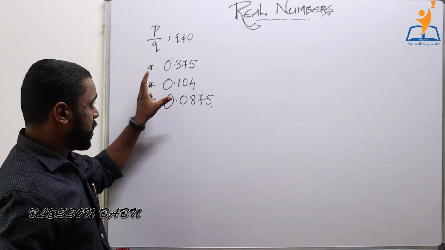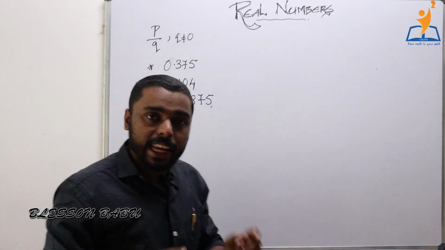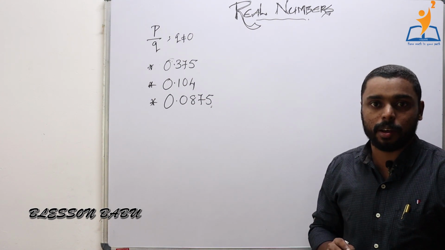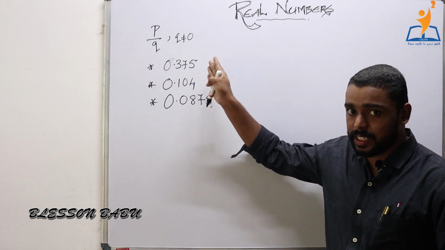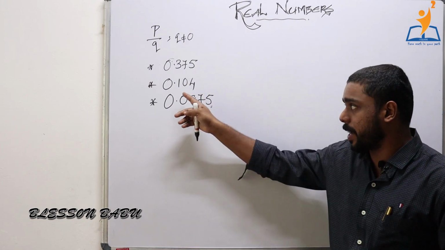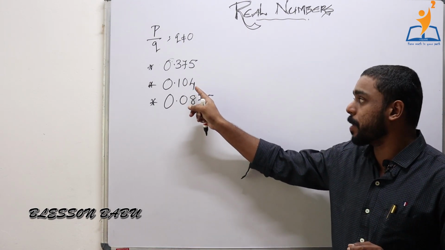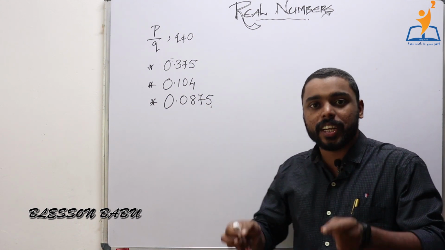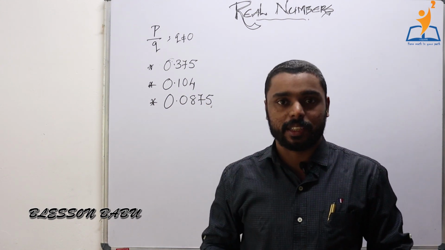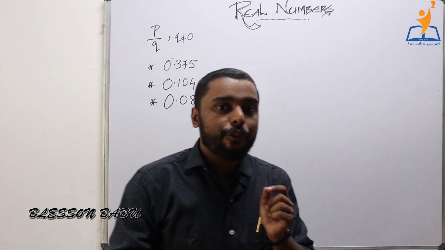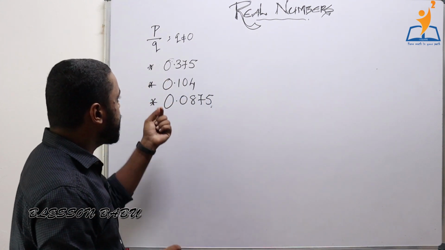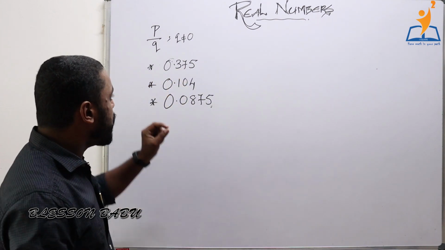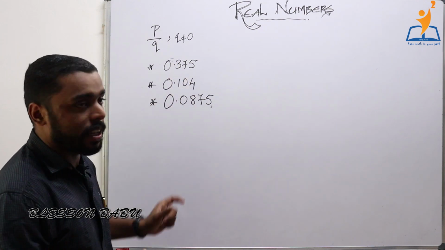Easily we can observe that these three numbers are terminating decimal expansions of some rational number, right? 0.375 terminates after 3 decimal places, 0.104 also terminates after 3 decimal places, and 0.0875 terminates after 4 decimal places. Now we shall check how we can easily confirm that such a rational number will terminate, or what is the speciality of these three numbers.